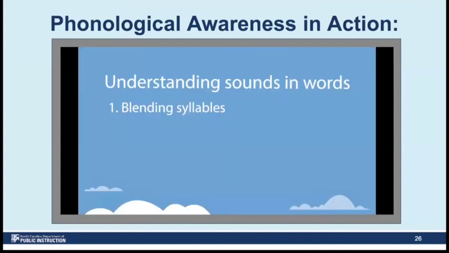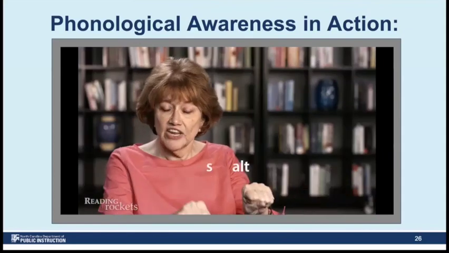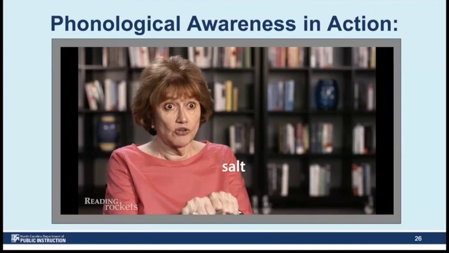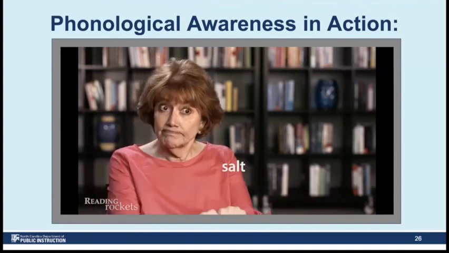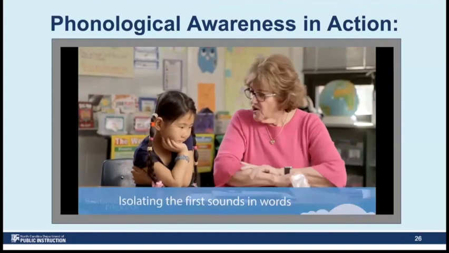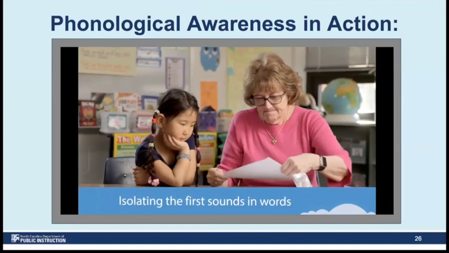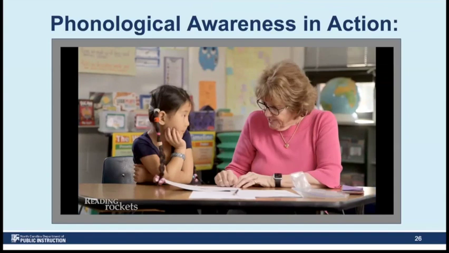The next level is onset rhyme. And that means, can you take the first part of the word, everything before the vowel sound, and then take the vowel sound and everything after, and put those together and make a word? So that would be alt. What's the word? All right, let's talk about first sounds. This is a bat. B, b, b is the first sound.